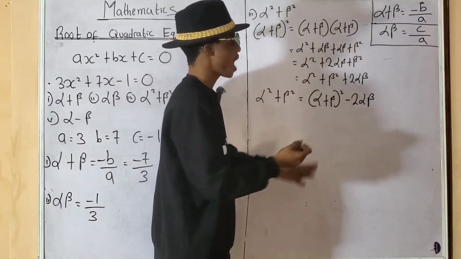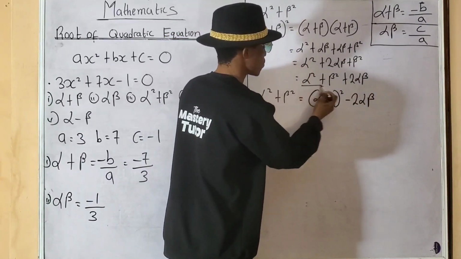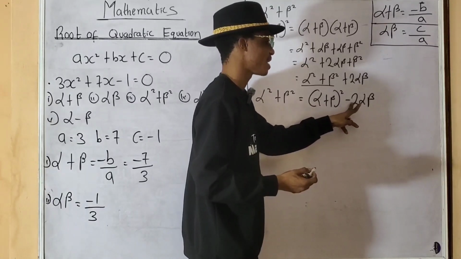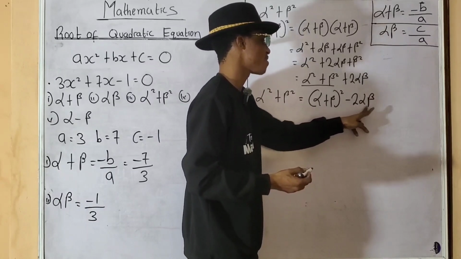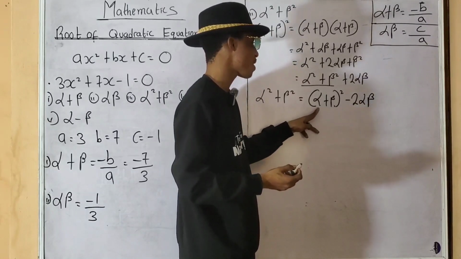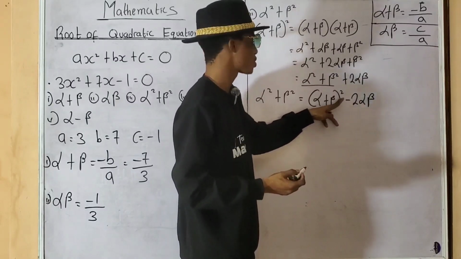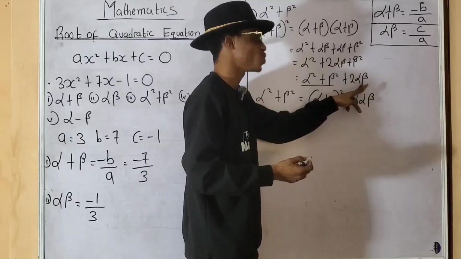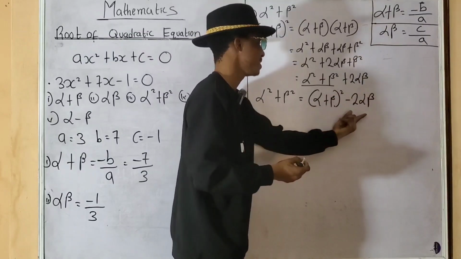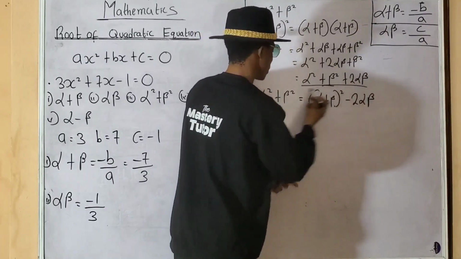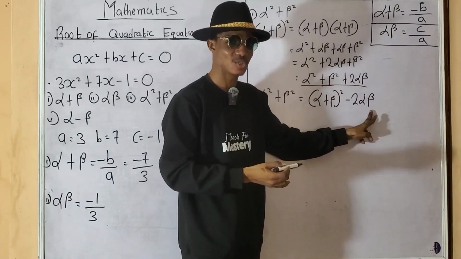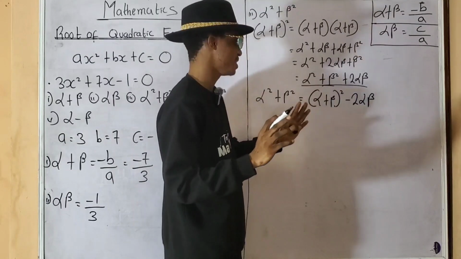Now, our goal is to find alpha squared plus beta squared, so that is why I have to subtract 2 alpha beta from the expansion of (alpha + beta)². Do you know why? Because when I expand this, I have an additional term, which is plus 2 alpha beta. So to make this equal to alpha squared plus beta squared, I have to subtract 2 alpha beta. Do you understand? So that is what I did.